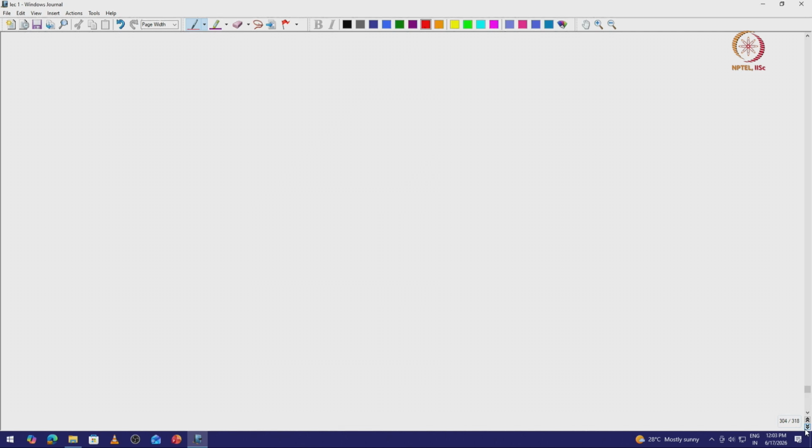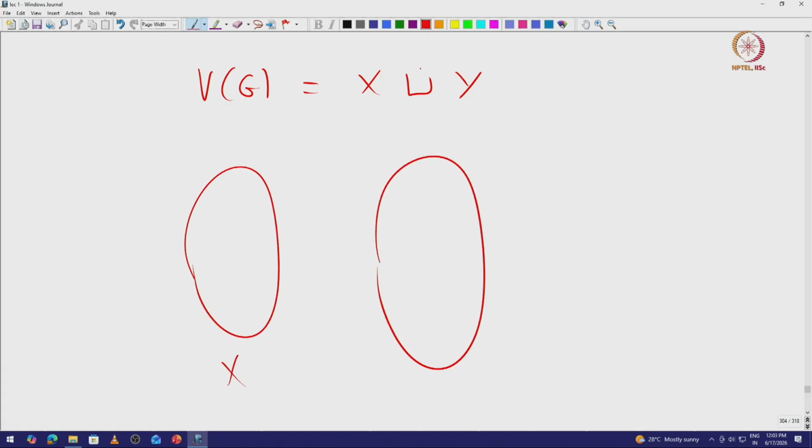So, you take the vertices of G and then you partition this into two sets, call it x and y. In the graphical notation it will be x and then this will be y, and any edge that comes from G will have one end in x and then another end in y.